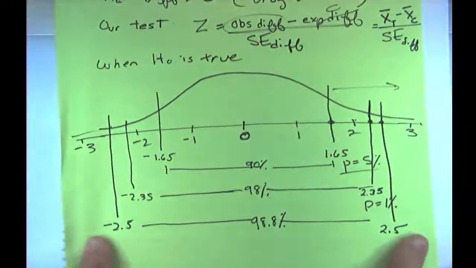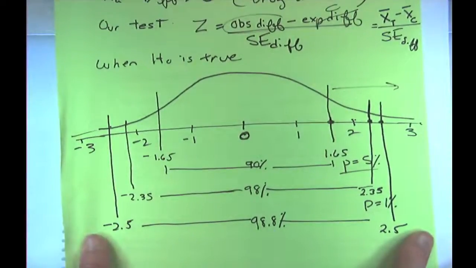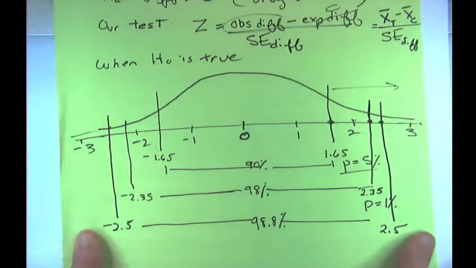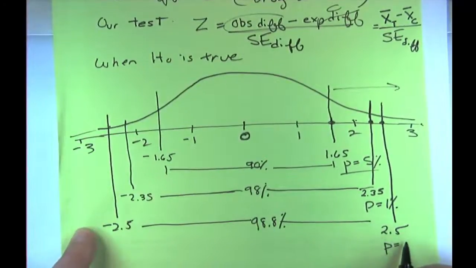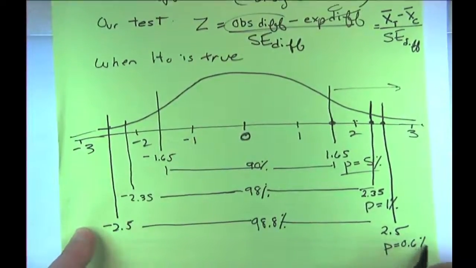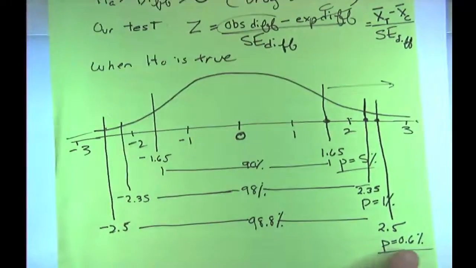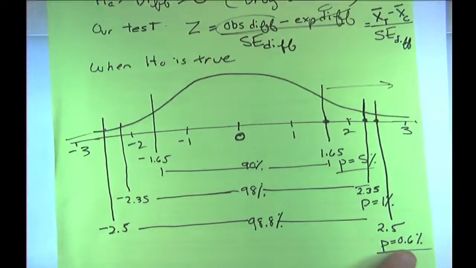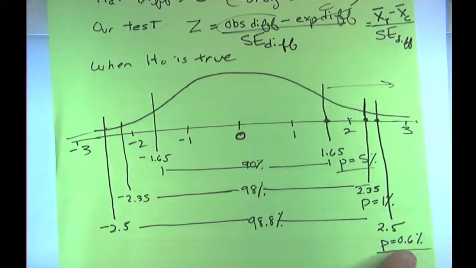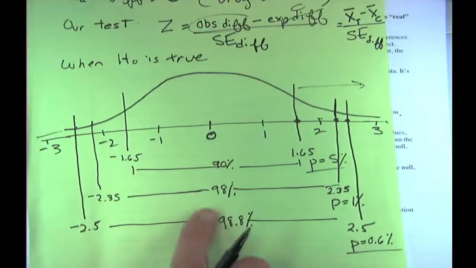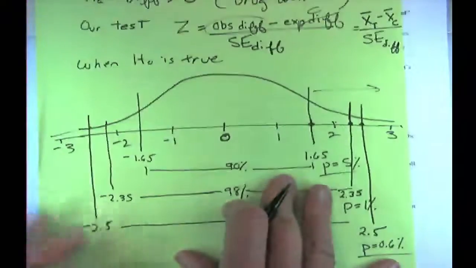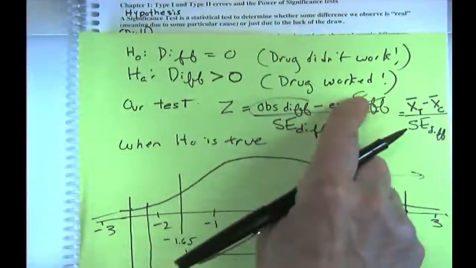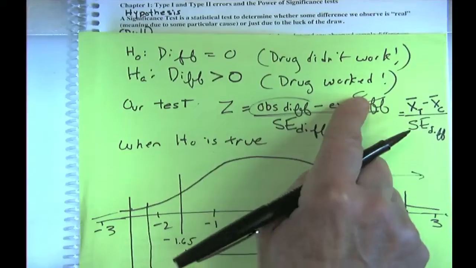So that means outside this region here, we have 1.2% in the two tails together. So our p-value is half of that, or 0.6%, which is very rare. So that only says 6 out of 1,000 times would we see such a big difference if the null was true. And that's like beyond a reasonable doubt. At some point we say, hey, that's so unlikely. We reject that null and conclude that we have very strong evidence that the drug worked.